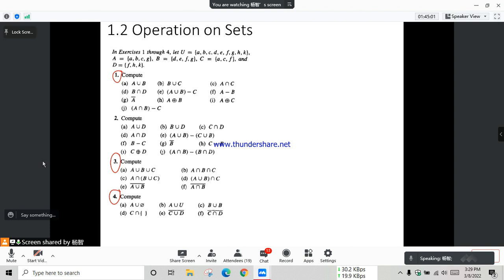It's just the exercise after class. We will check it together tomorrow. Everybody do exercises 1, 3, 4. We will do it together tomorrow and check the answer.